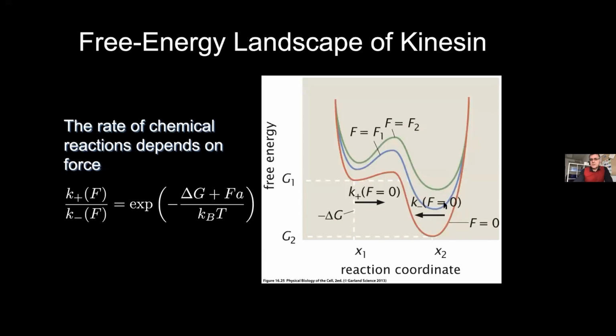With a slightly bigger force, we get this blue curve, and with an even bigger one, we get this green curve. Obviously, because of this change in the landscape, it will also influence the chemical rates of hopping from one minimum to the other.